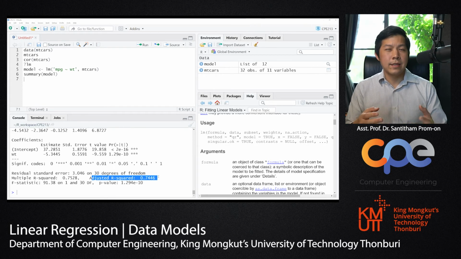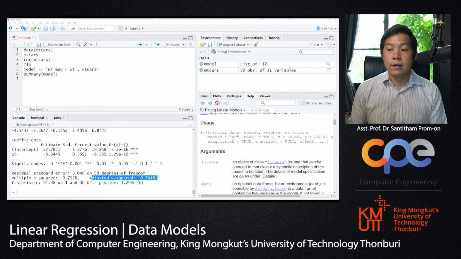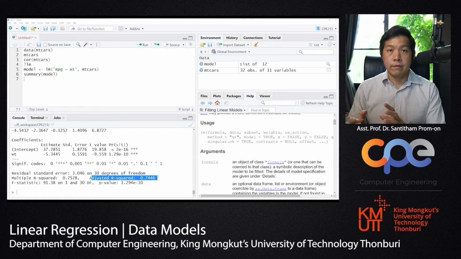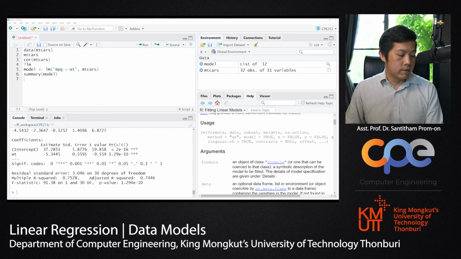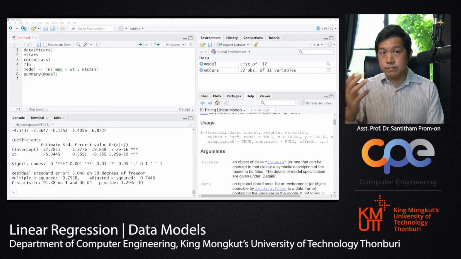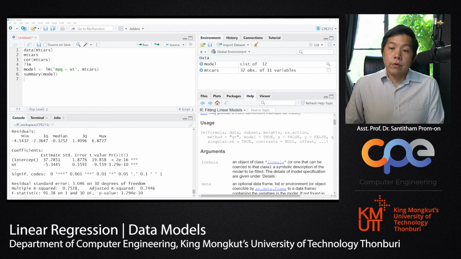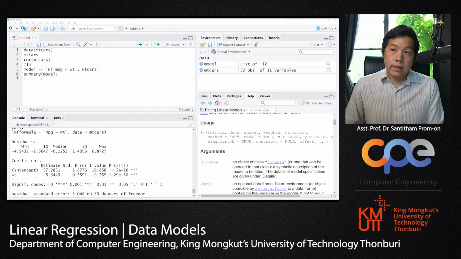It's just a correction equation that adjusts the number of parameters from n to n-1, because a higher number of variables inflates the R-square. So by running lm here, you are creating a model that fits the data, with the slope equal to about -5 and the intercept equal to about 37.